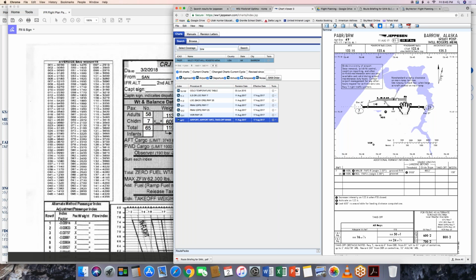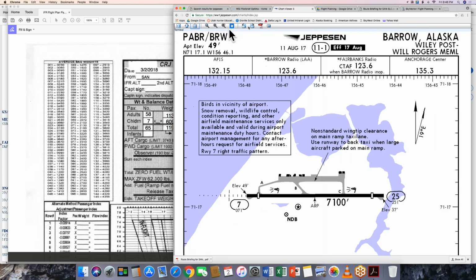747 size. So this is Barrow, Alaska. My buddy lives up here, and he had some C5 Galaxies land up there, Air Force cargo planes, to do scientific research. So I don't know what the runway width is, though. And they probably had to do some special things to accommodate them, but yeah, good question.